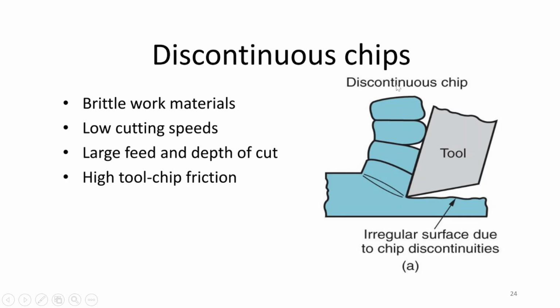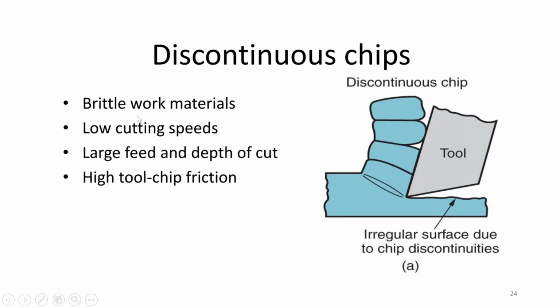These chips look like these ones, so there is discontinuity in the chip, so it won't be a continuous chip, continuous metal. Because of this discontinuity there is also irregular surface finish. So this will be having brittle work materials, low cutting speeds and low feed and depth of cut, and it also has high tool chip friction.